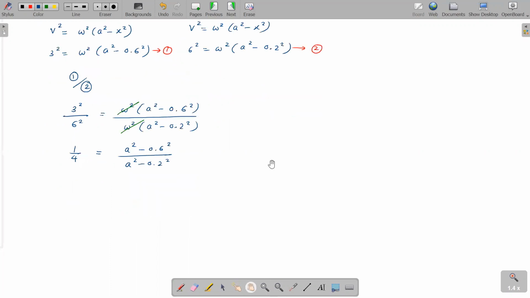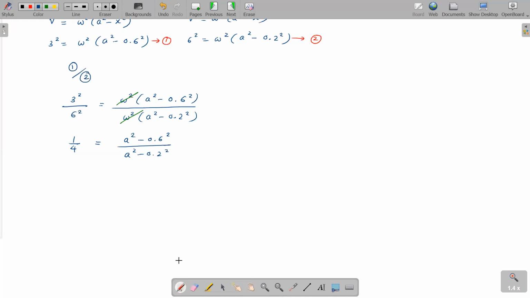All you need to do is solve this equation and make A the subject. 4 times (A squared minus 0.6 squared) equals A squared minus 0.04, right? How much is 4 times 0.6 squared? Let's multiply 4 into 0.6 squared. This is 1.44. So now it's a matter of making A the subject.